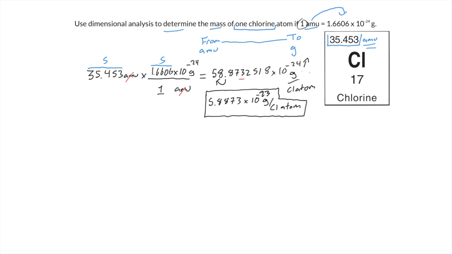So we're going to actually end up using this quantity here. I'm going to take the unrounded version, copy it for our next problem. Put it down here.